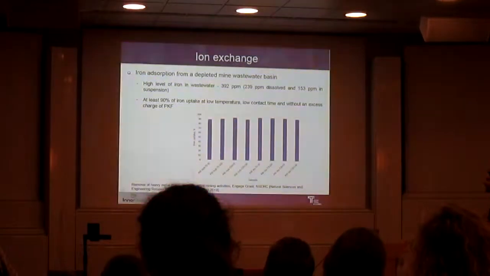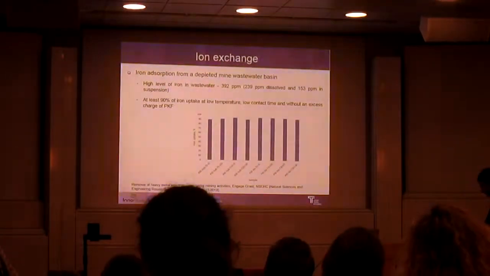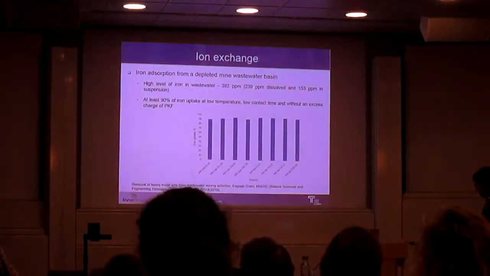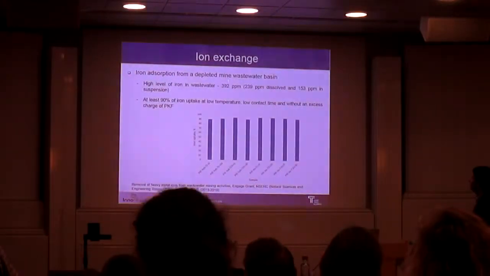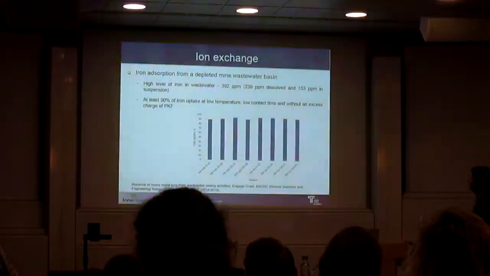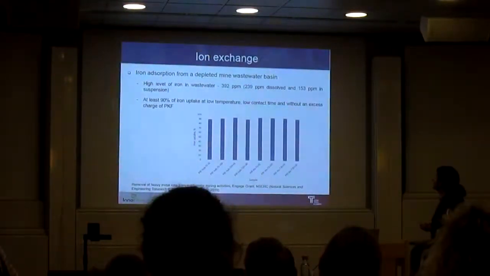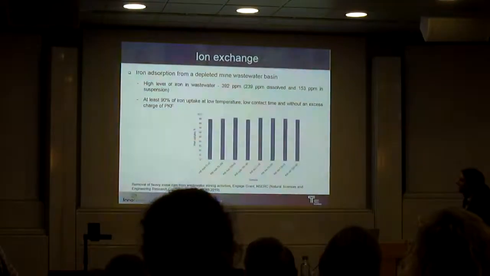After we tested in the lab, we received a grant to study iron absorption from a depleted mine wastewater basin. The water contains a high level of iron, almost 400 ppm, 240 in dissolved state and 150 in suspension.